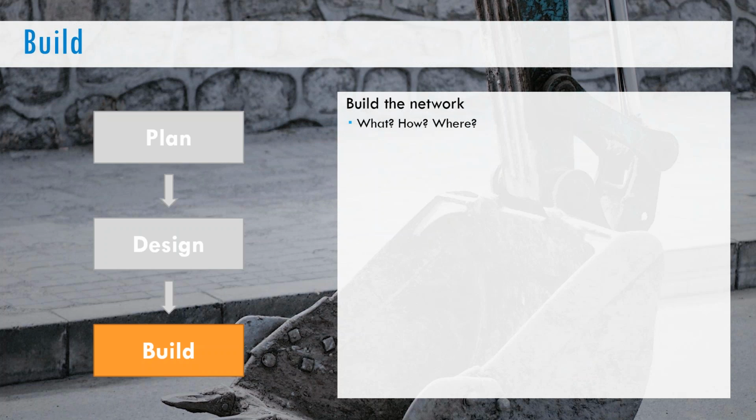All right, so we've arrived at the final stage of our process, which is to build and construct the network. Now, for this stage, what is important is that you know exactly what equipment you will need and where to place it. Also, you need to know how to connect everything together.